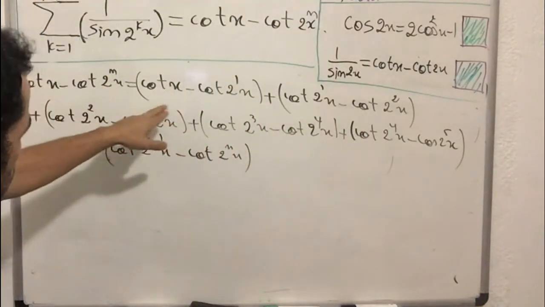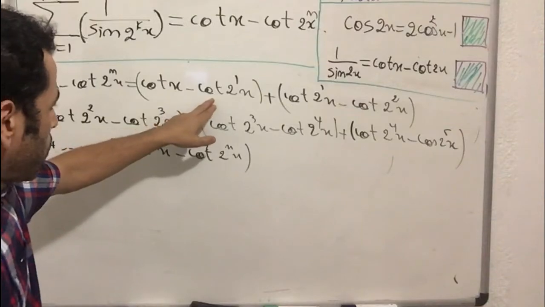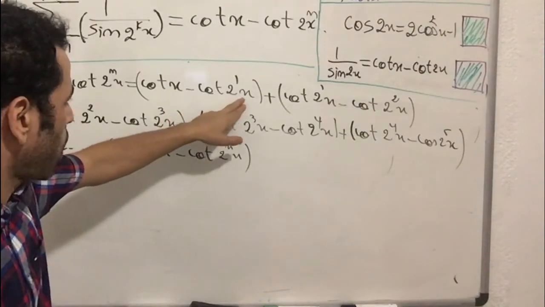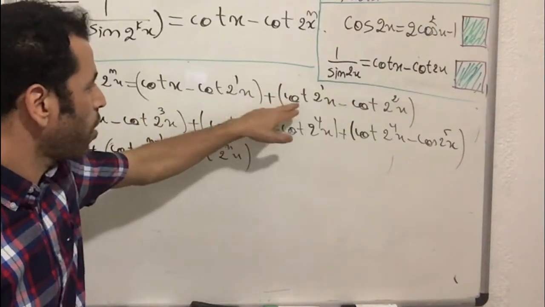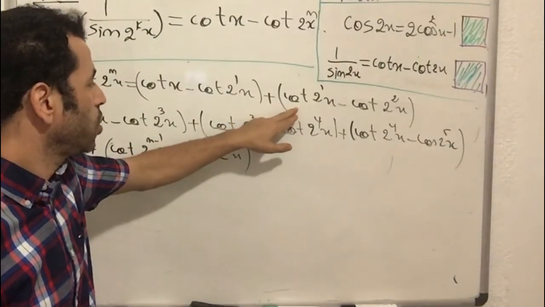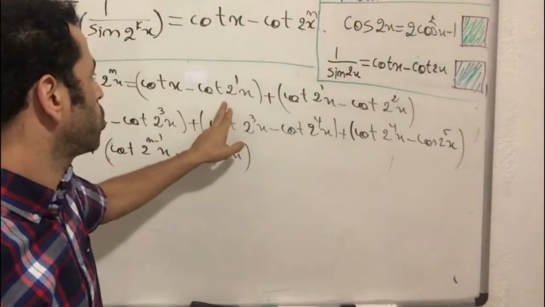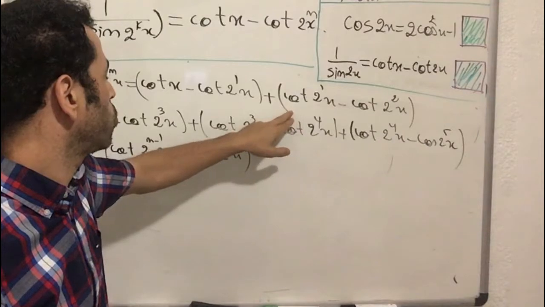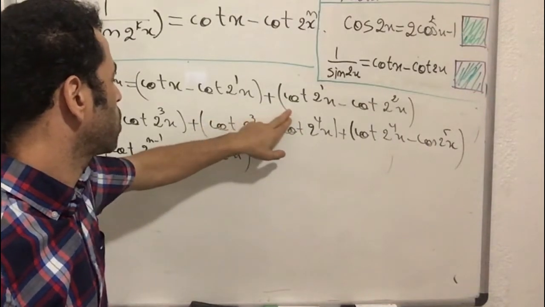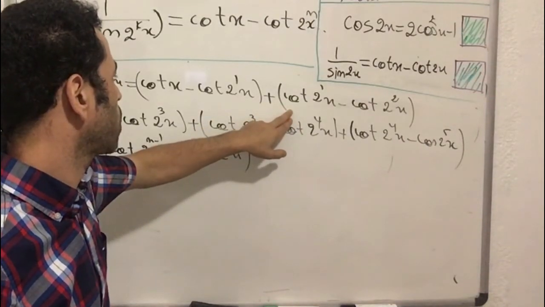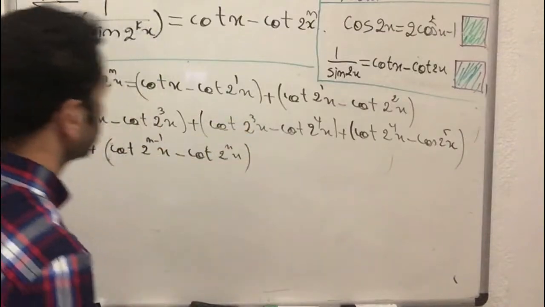In the first term, I'm subtracting cotangent 2x, but then the term coming after will be added in order to be cancelled out. So that's what I did here.